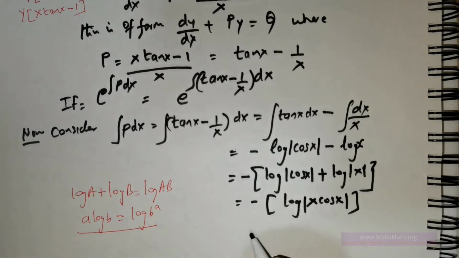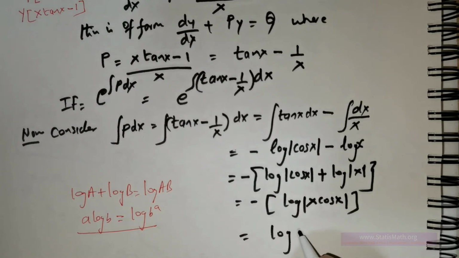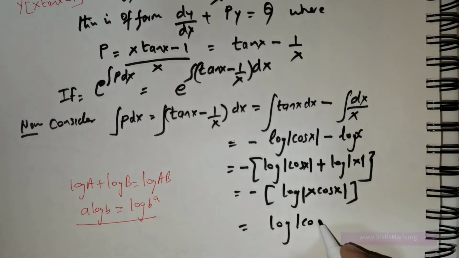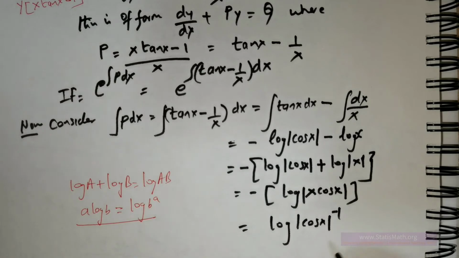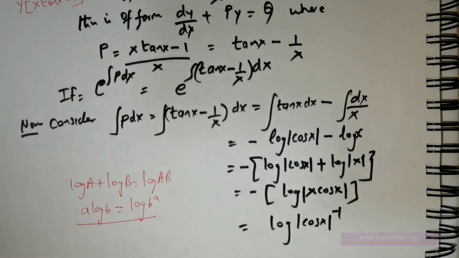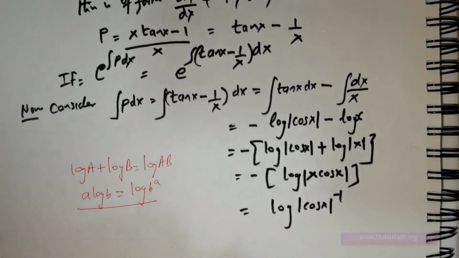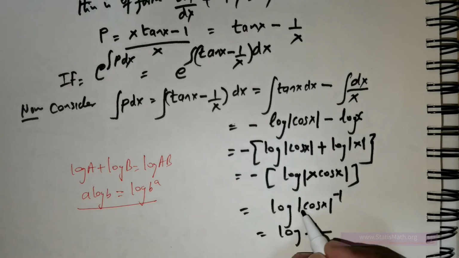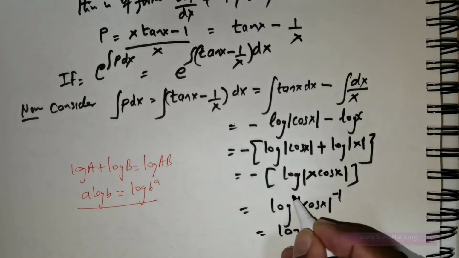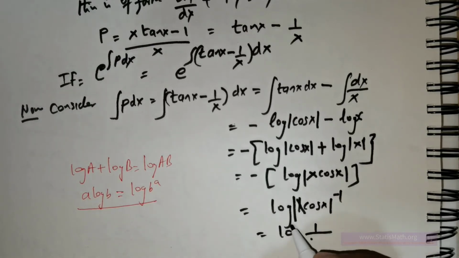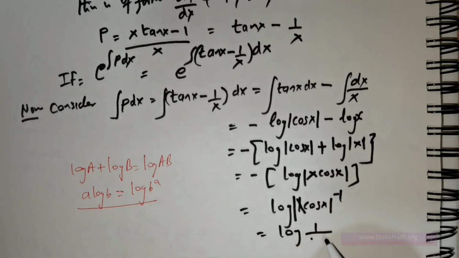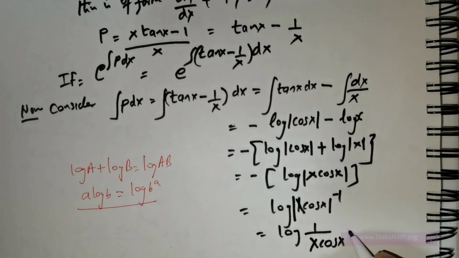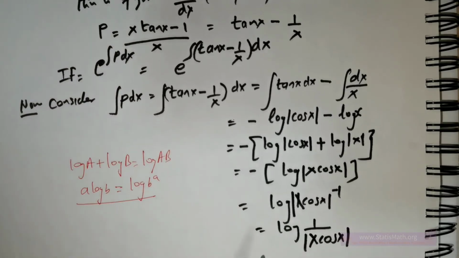So this is rewritten as log of modulus cos x raised to the power negative 1. Now this can be moved down, which can be rewritten as log of 1 over, of course there is an x here, so don't forget the x, that's critical. So this is going to be log of modulus x times cos x raised to the power negative 1. So I can push it down. That is going to be x times cos x, of course with the modulus sign.